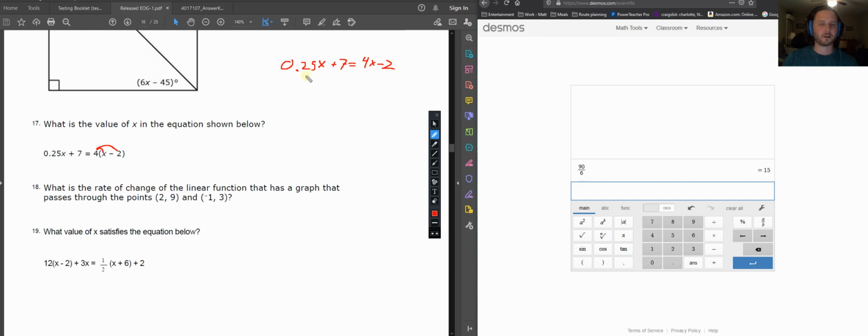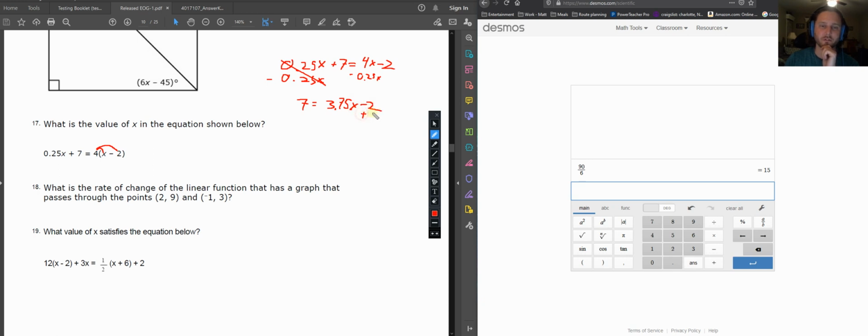Alright, so for starters, I know I'm going to have to deal with a decimal at some point. So I'm going to start by subtracting 0.25x from both sides. And that's at least going to give me a positive over here with a 7, and a positive over here with a 3.75x minus 2.